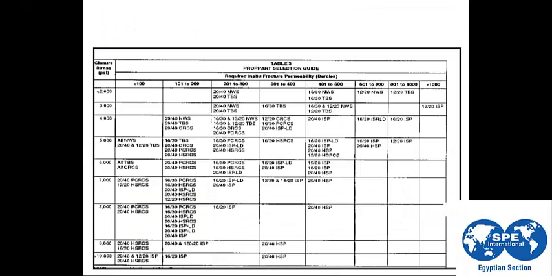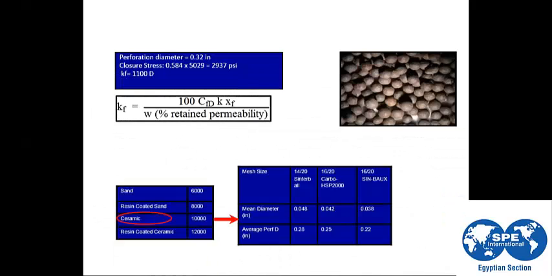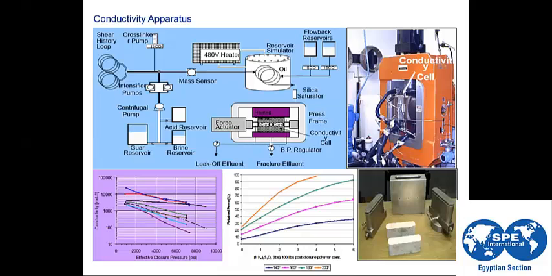This table is coming from these graphs. How do we get this graph here? We get this graph by testing in the lab in this device. Its idea is like this: you put a sample of the proppant inside this test plate.